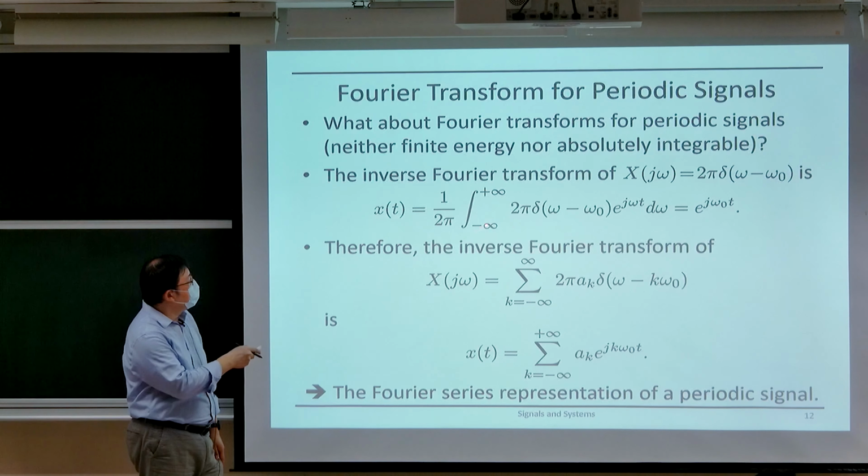So then, if you have a spectrum that is a linear combination of these unit impulses, then its inverse Fourier transform will also be a linear combination of their corresponding frequency components, okay? Because each one of these has an inverse Fourier transform that is equal to this, okay?